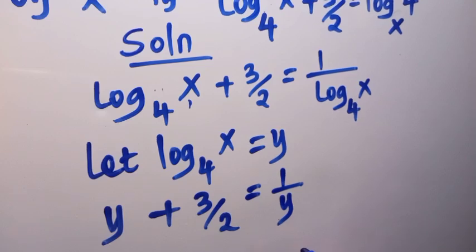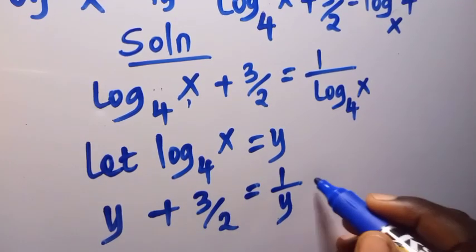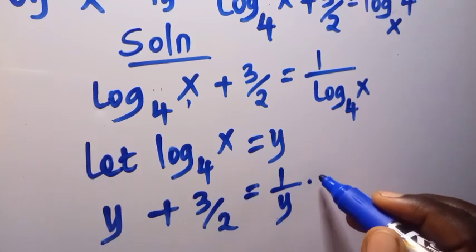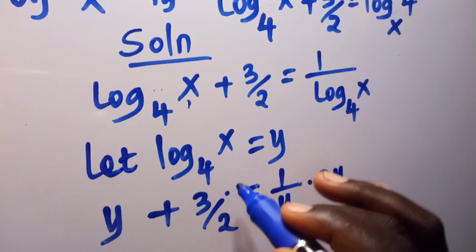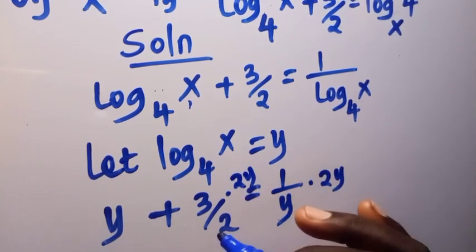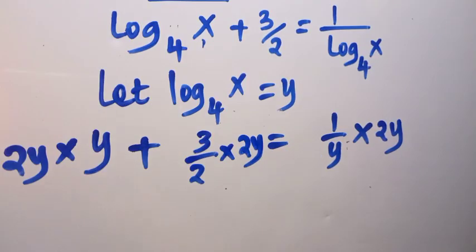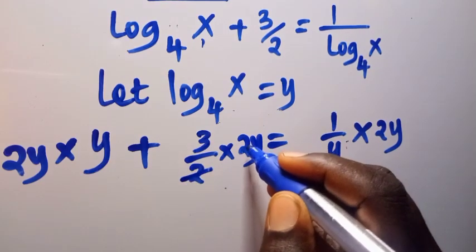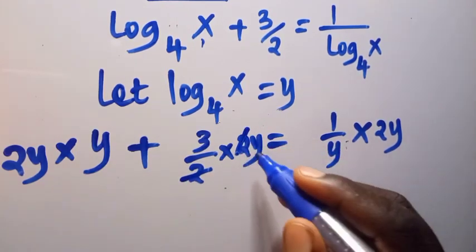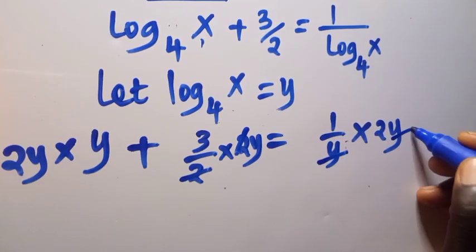Now, I want to eliminate the 2 and y in the denominators by multiplying everything by 2y. We eliminate these and remain with 3 times y, and the y cancels with the y.